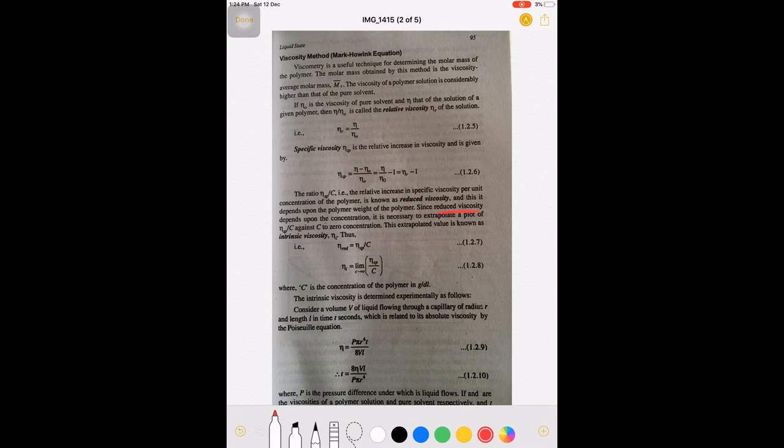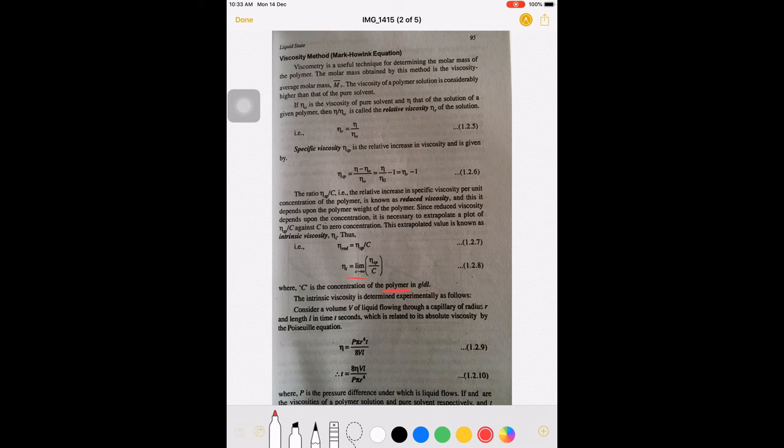This extrapolated value is known as the intrinsic viscosity, eta I. So the eta I is equal to the limit as C tends to 0 of eta sp upon C, where C is the concentration of polymer in gram per liter.